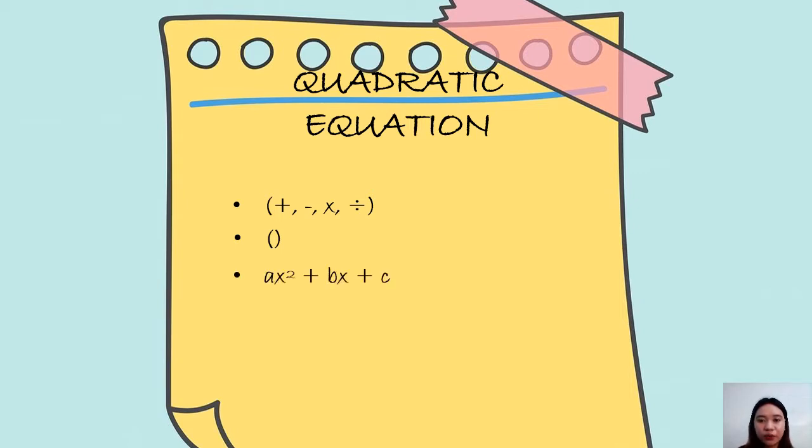The general form of a quadratic expression in one variable is ax squared plus bx plus c, where x is the variable, a, b, and c are constants, and remember, a should not be equal to 0. An example is x squared plus 10x plus 25. In a quadratic expression, our exponent is always 2, or raised to the power of 2.